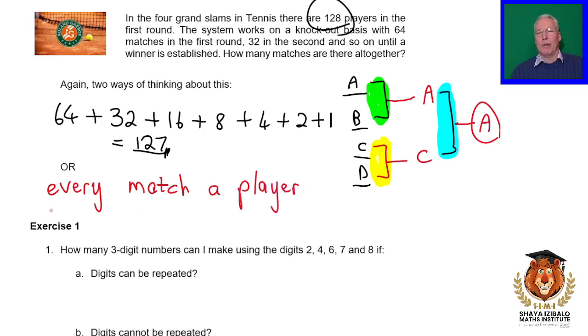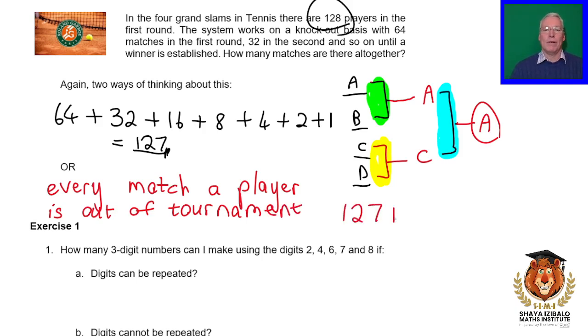We don't mean knocked out in a boxing match, but that they are out of the tournament. If we've got 128 players and we only want 1 player left, we need to have 127 matches to find our final winner.